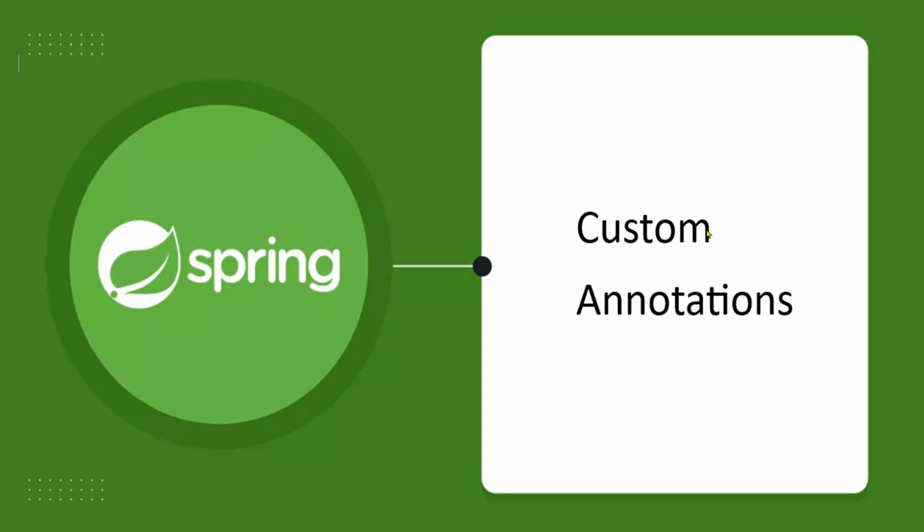Next are custom annotations. Up till now we have looked into built-in annotations. Next, let's take a tour of how you can create your own custom annotation in Spring Boot. Custom annotations are useful for reducing repetitive code and increasing readability. You have probably seen annotations like @Override and @Deprecated. These are built-in annotations.